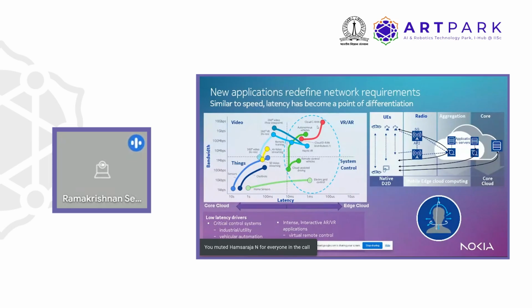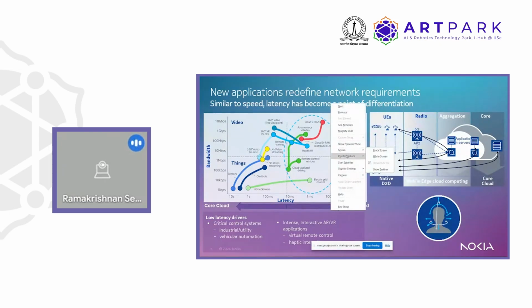So you see that there are lots of Internet of Things related use cases. There are lots of video related use cases that are possible with the latency in terms of higher milliseconds and seconds, right? And also with respect to the bandwidth requirement, which is quite high. All this is possible with your 4G network as well.